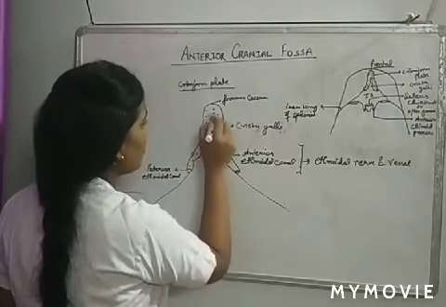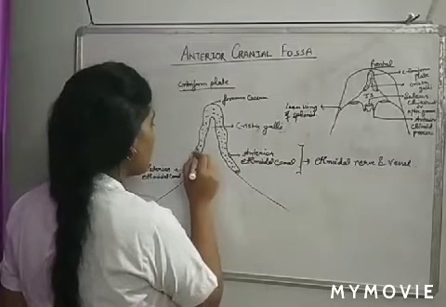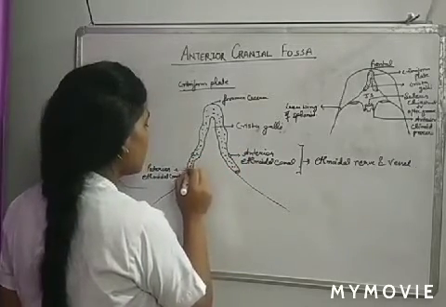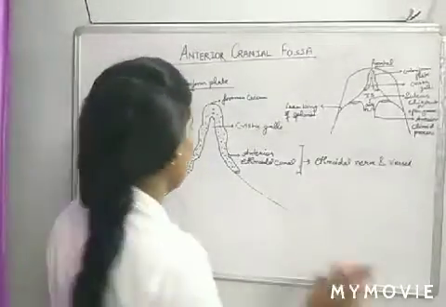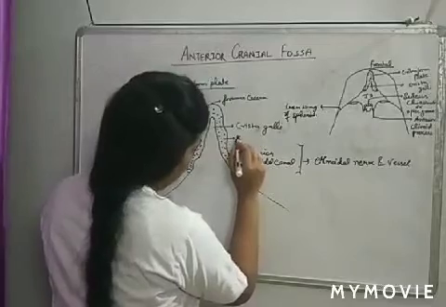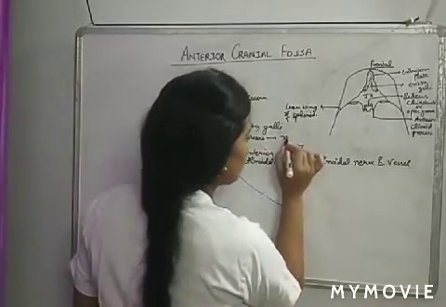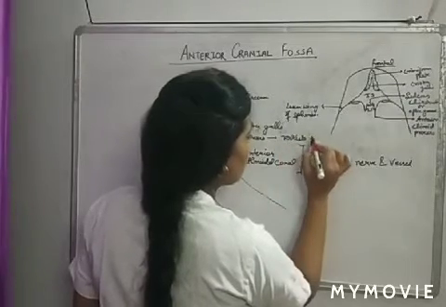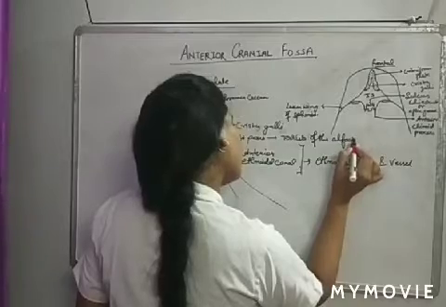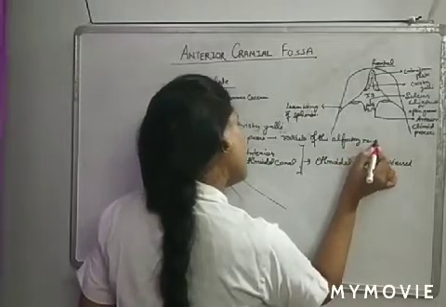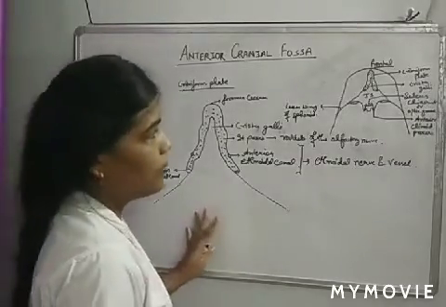You can see the openings of the foramina. Through these numerous foramina pass the rootlets of the olfactory nerve. So this is all about the cribriform plate.